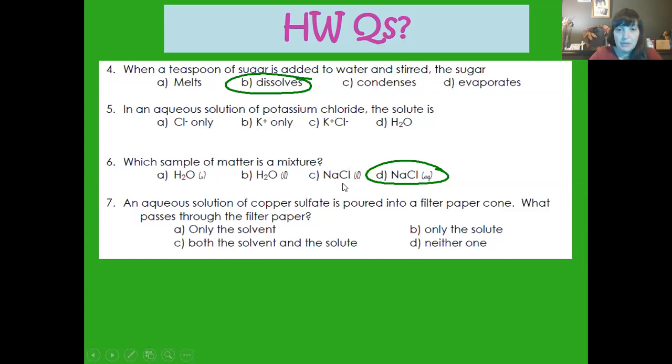Same with this, another pure substance, liquid sodium chloride, that's melted salt. It has to be really hot, but it is a thing. But this one, you'll notice it says AQ. Remember, that stands for aqueous. So that means the salt is dissolved in the water. So 2 different things. This one is a solution. It is a mixture.